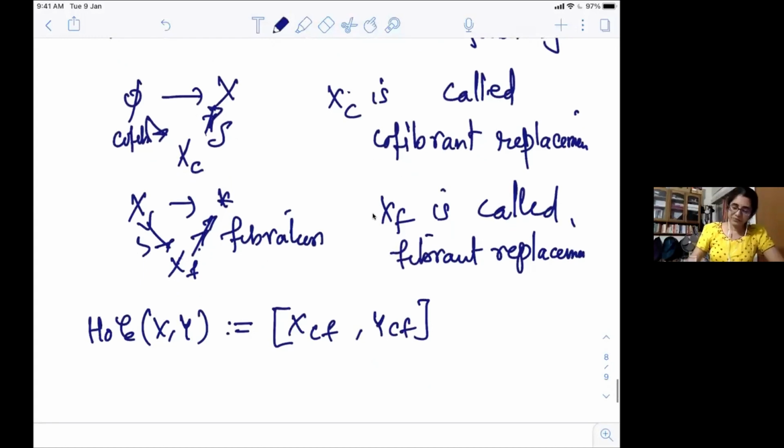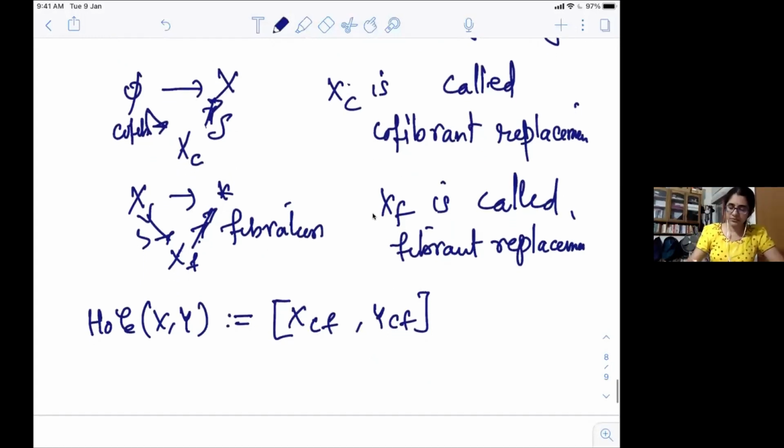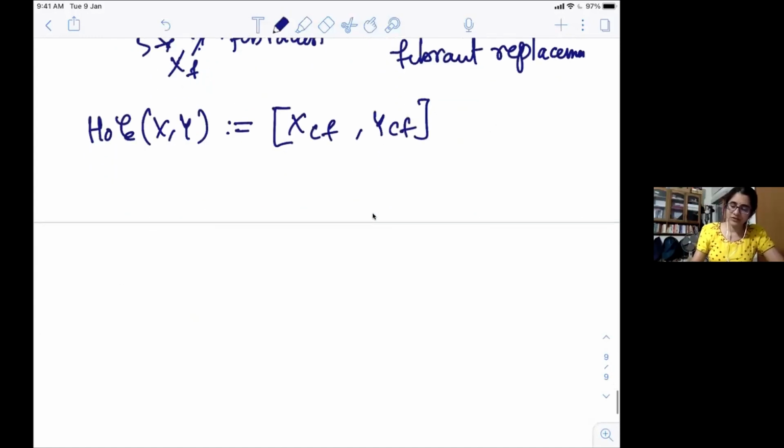All right, so this is the sort of setup.